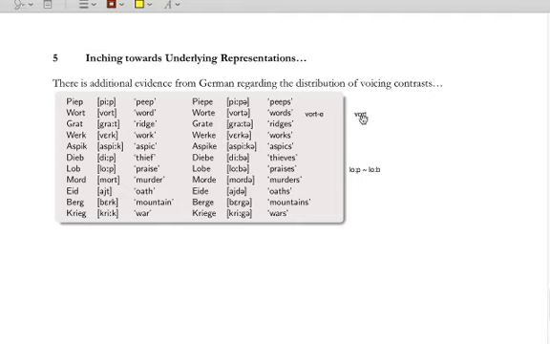It only has the single form vort. Right? So if you list all the ones that don't alternate, like vort, and all the ones that do alternate, like lob, you'll find that all of these ones have a voiced stop when they're followed by a schwa, but a voiceless stop when they're at the end of a word.